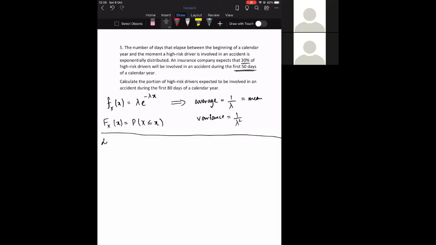Now let's define t as the number of days that elapsed before a highest-risk driver is involved in an accident.